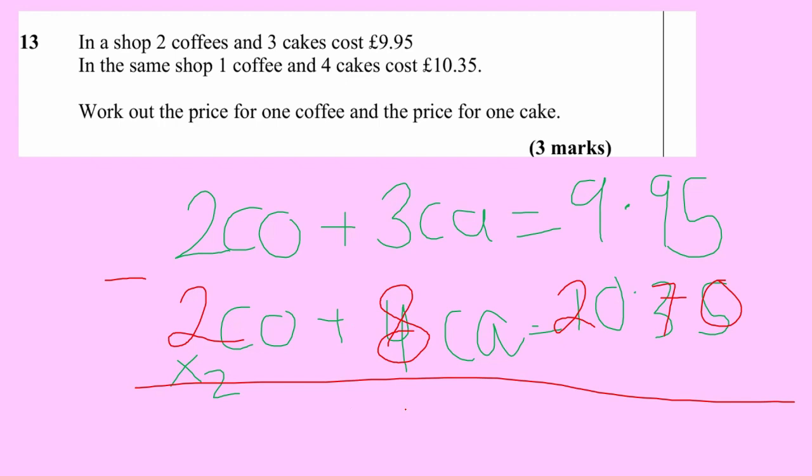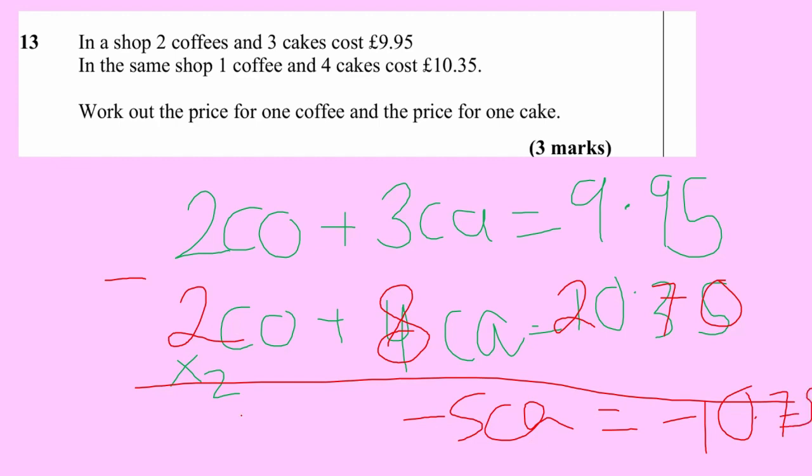3 car, minus plus 8, minus plus just means minus, is minus 5 car. And then 9.95 minus 20.70 is minus 10.75. So it is a little bit confusing because I've used co and car.